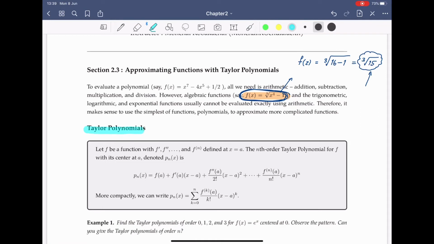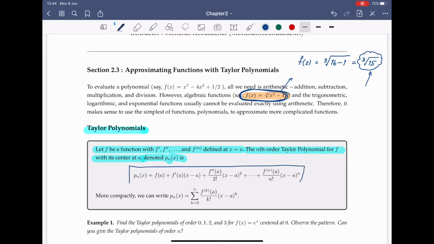So Taylor polynomials. Let f be a function with the derivative of f up to order n defined at x equal to a. Then the n-order Taylor polynomial for f with its center at a, denoted by p subscript n of x, is defined by this formula.